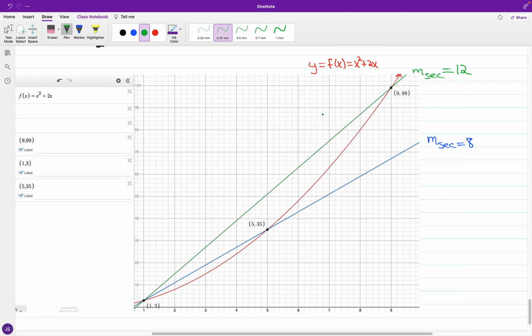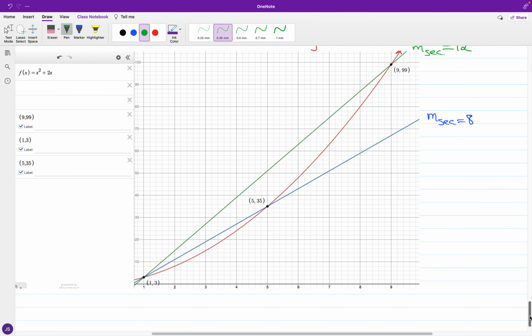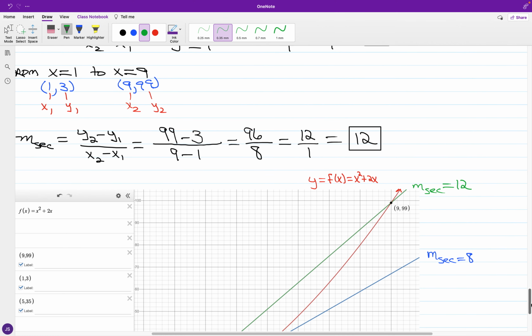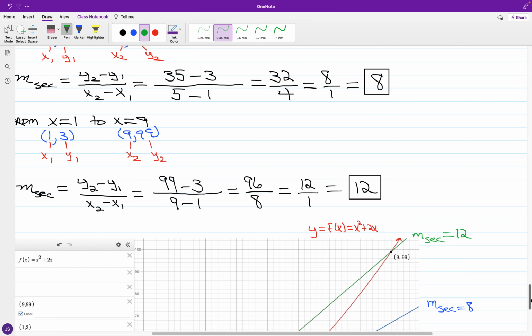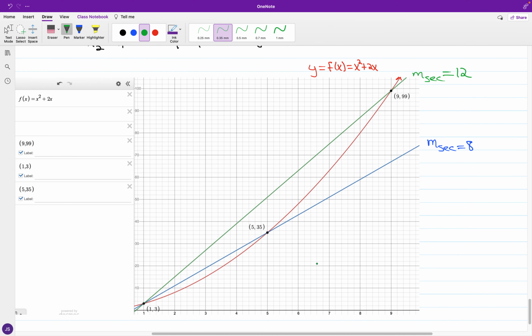Like if I went out to x is equal to 10, 12, 20, even 100, you can expect the slope of the secant line to be running up continuously, increasing ever so much more. All right, so this is what we have with average rates of change, and it still comes down to what we commonly refer to as the slope of a line passing through 2 points.